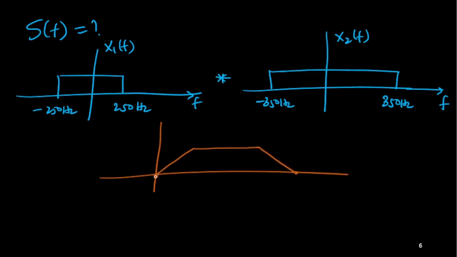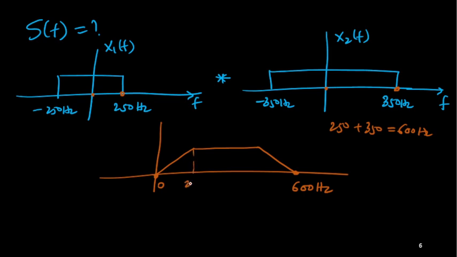But the main important thing is this zero frequency, addition of 0 plus 0 is 0, and this one you can just add. 250 plus 350, so the maximum will be 600 Hz. So this end will be your 600 Hz. If you want to understand it exactly, the minimum of 250 and 350 is 250.